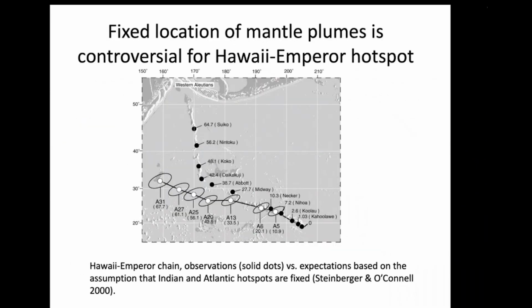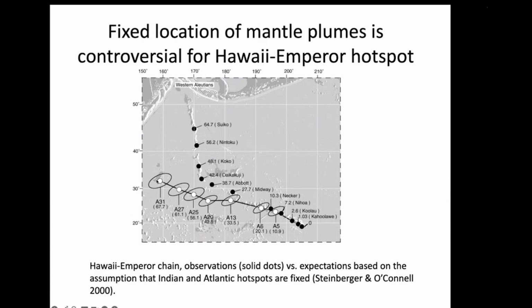All right, so the fixed location of mantle plumes is quite controversial for the Hawaii-Emperor hotspot chain. So this is the chain we talked about, the black dots with their ages. And some of the paleomagnetic people have said, well, it looks to us like the hotspot track is moving.